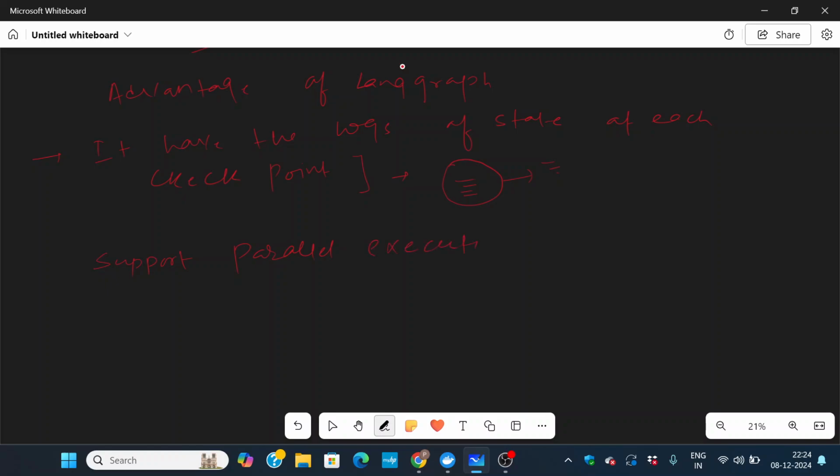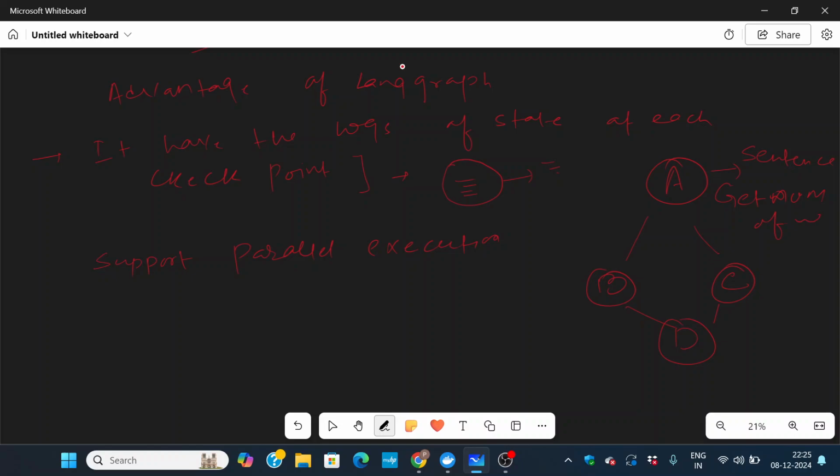So what is parallel execution, guys? Let us say we have node A, based on one condition we have node B, and based on another condition we have node C, and then another node D. At node A we take a sentence, split it into words, and get the number of words.